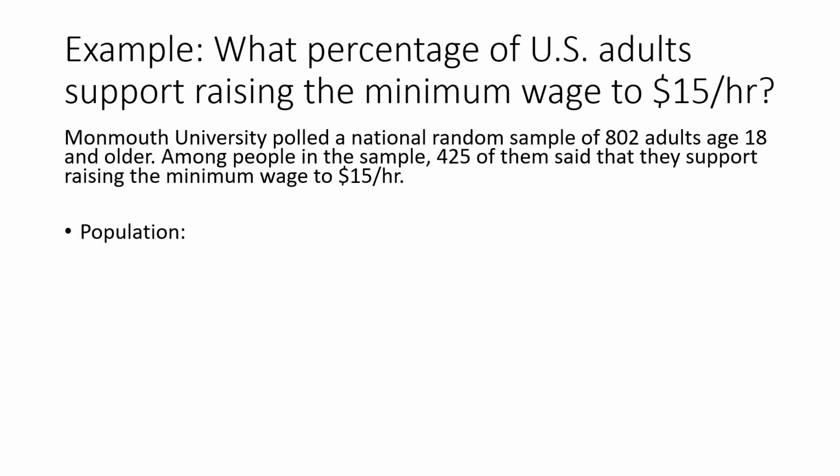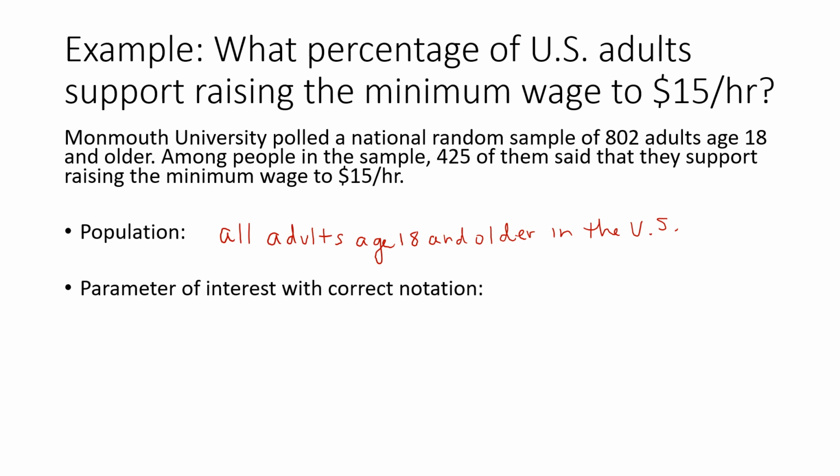Okay, so again, we'll think about our population. It was a national random sample of adults age 18 and older. So all adults 18 and older in the US would be the population that we're trying to learn about. What we want to know about them is our parameter.